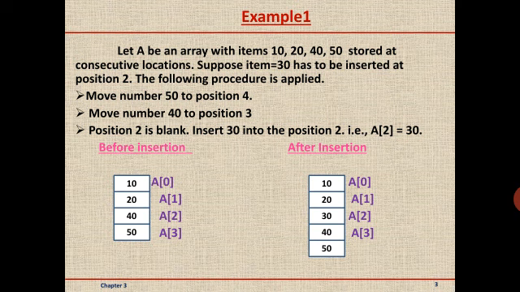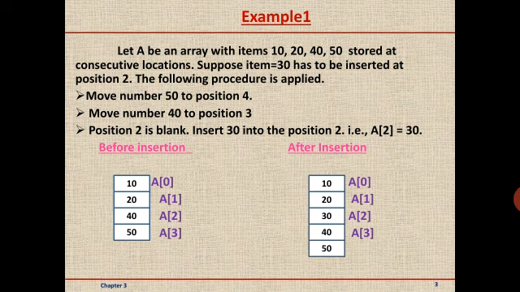Similarly, we are storing now item 30. Since the second place is empty now, we can store the item 30 at position 2. So, in the exam, they may ask the algorithm or they may give a problem like this. We need to solve like this, case 1, case 2, we have to solve step by step.